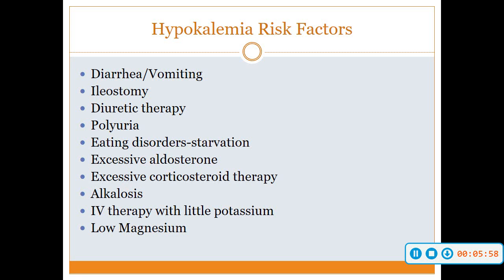Okay. If patients are on IV therapy with little or no potassium and they're NPO and they're not taking in anything, but we're filling them full of lots of saline, it can cause them to become hypokalemic. And then low magnesium levels can also cause hypokalemia because it stimulates our renin-angiotensin-aldosterone system, which has our aldosterone in it, which tells us to get rid of potassium.